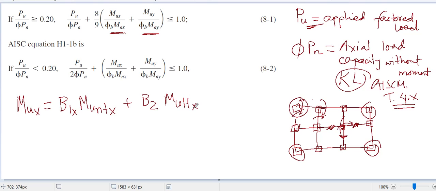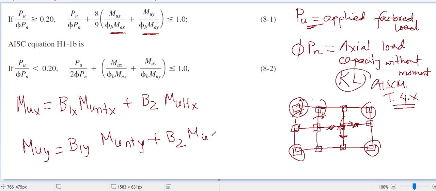Yes, we will go there. Then what about Muy? Muy is the same thing: B1y times Mu no translation, y, plus B2 times Mu lateral translation, y. It looks so difficult, but again it is very simple.